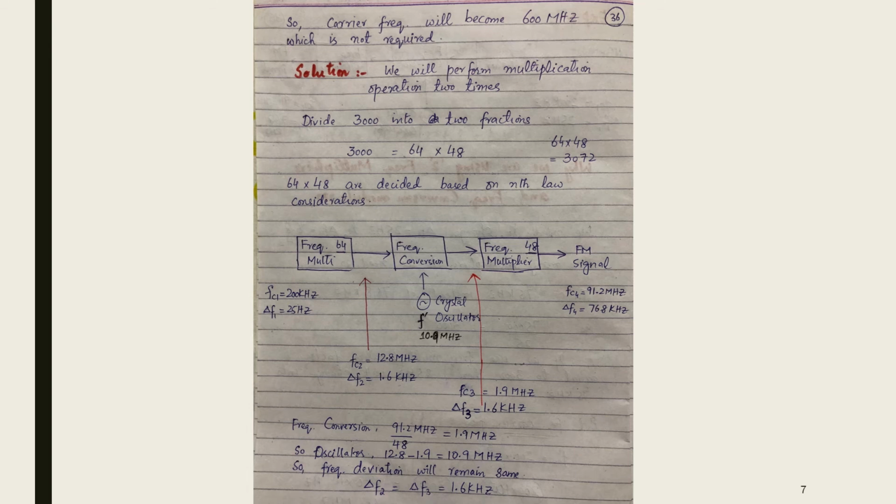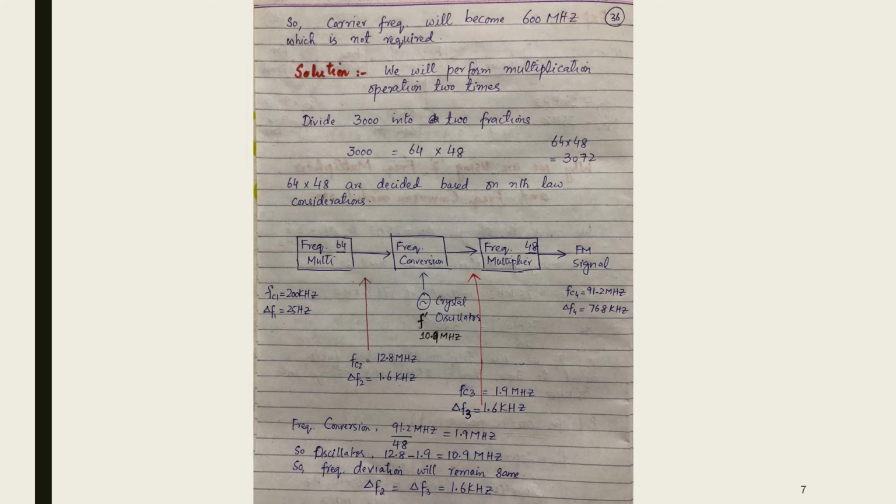When this 200 kHz is multiplied with 64, we get a new carrier frequency equal to 12.8 megahertz, and the frequency deviation converts into 1.6 kilohertz. At this stage we will stop, and then we will pass our signal through frequency conversion, and this frequency converter will only change the carrier frequency.